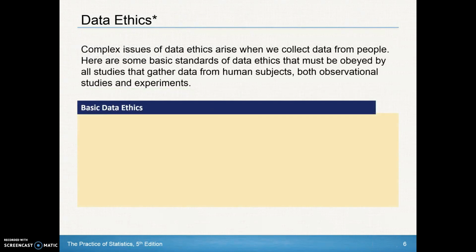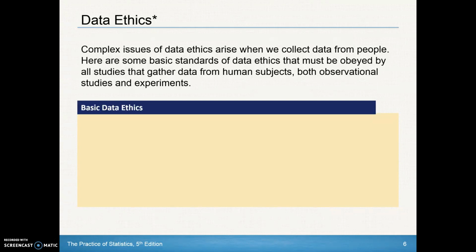Okay. We'll talk about data ethics here. This is kind of the optional lesson, and kind of our day 2 piece from section 4.3. So instead of making a separate video, I'm just going to kind of keep talking about it as we go into this section here. So simply, complex issues of data ethics arise when we collect data from people.